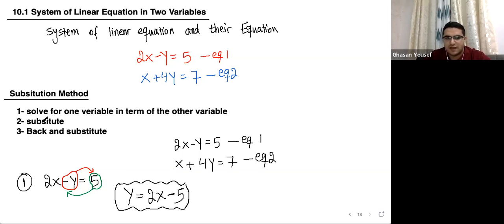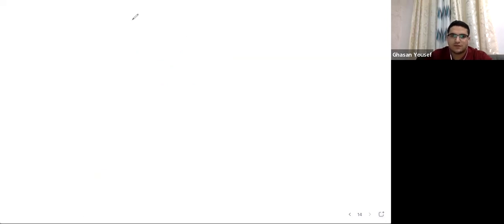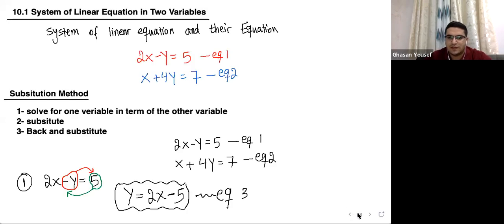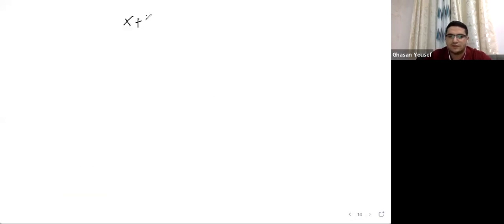Second step, I have to substitute. This is equation number 3, and I have to substitute this in equation number 2. So equation number 2 said x plus 4y equals 7.